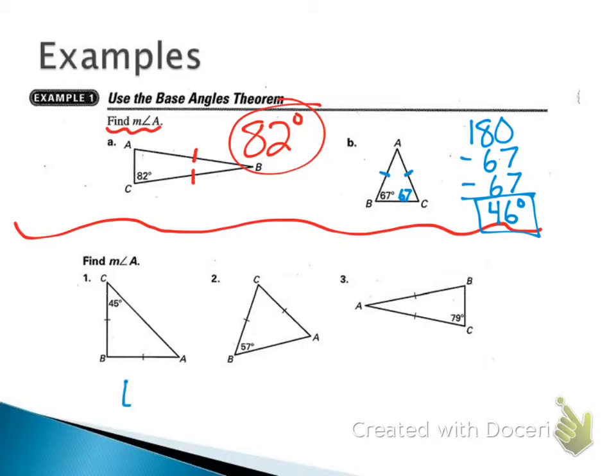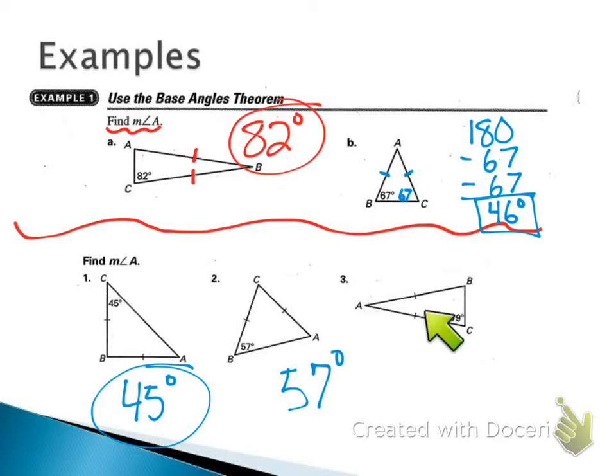They'd be the same. Good. This one's going to be 45 degrees for A. All right. Anyone know how to find A in number 2? Is A one of the base angles? Across from those congruent sides? Yes, so you know that it's the same as B. Yeah, so it's just 57.